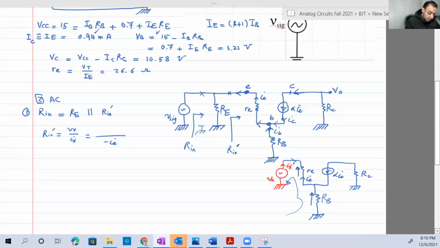The voltage across RB: IB is flowing from ground up, so it's negative, minus IB RB. And what is the voltage across RE small? Again, it's minus IE RE small.